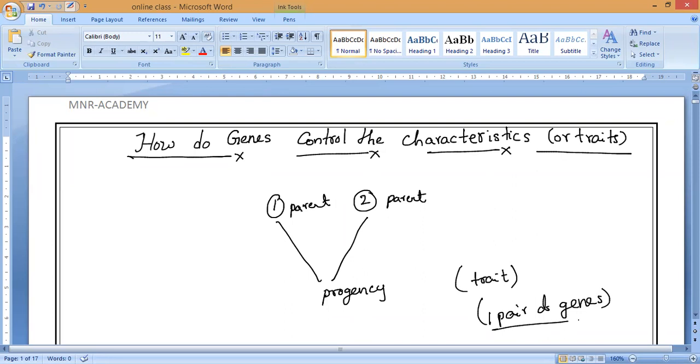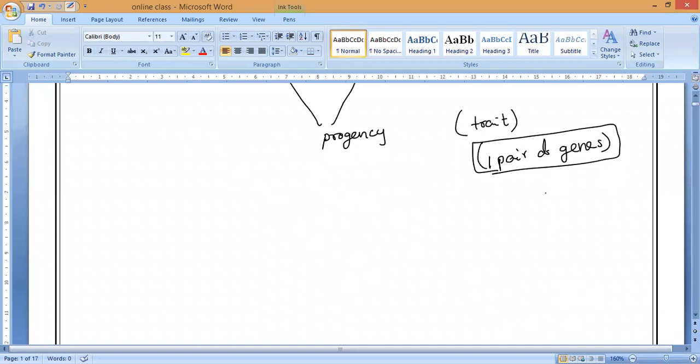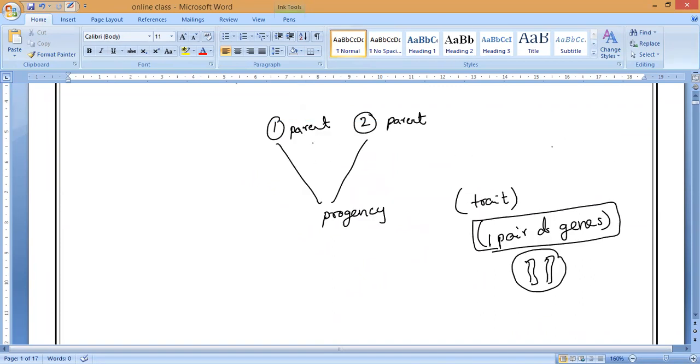As I told you yesterday, and again today, one pair of genes means one set of genes is present, one chromosome and another chromosome, in deciding the characteristic or trait in the offspring. One gene is donated by the first parent and the other gene is donated by the second parent. This is what we studied in yesterday's class. Yes or no, guys? How are characteristics transmitted to the progeny?